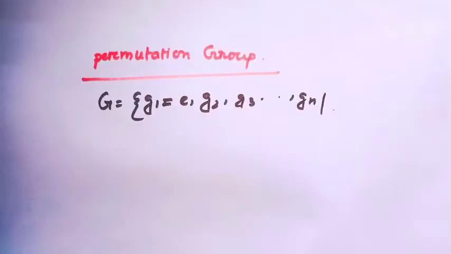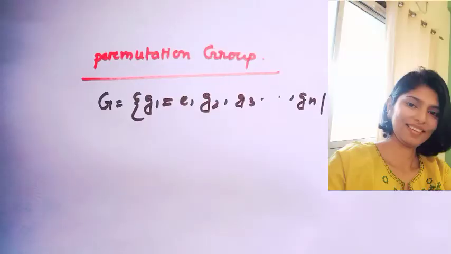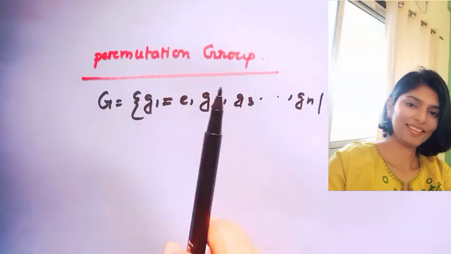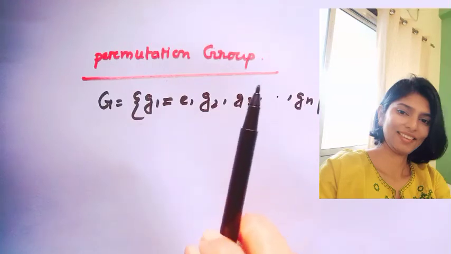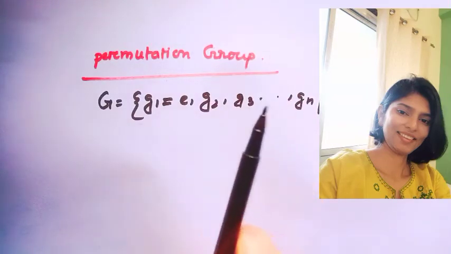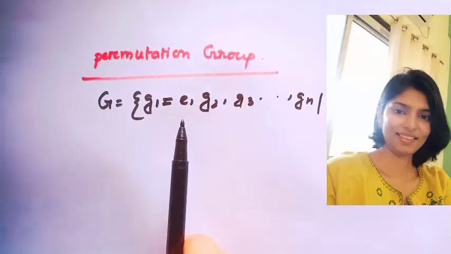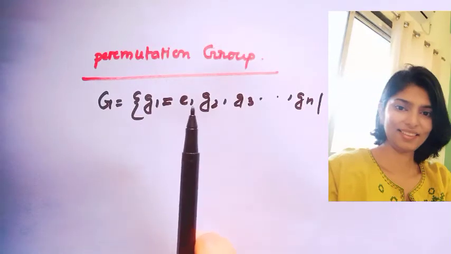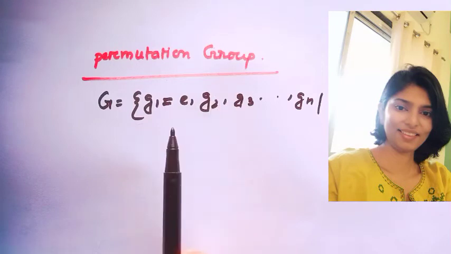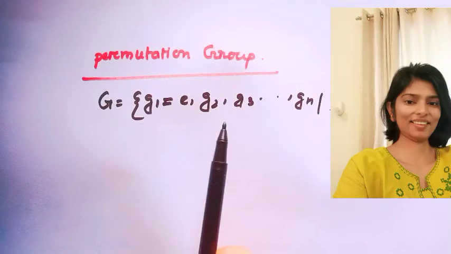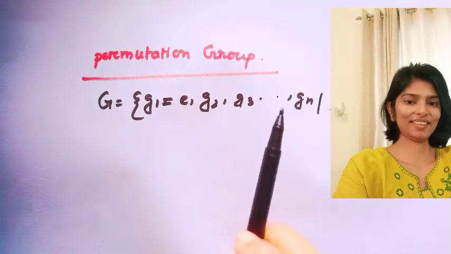Okay. Today I am going to say something very interesting about permutation groups. Permutations are very important. Permutations stand for algebra. Take a finite group of order n. A finite group always contains g1, which is equal to the identity, g2, g3, up to gn.